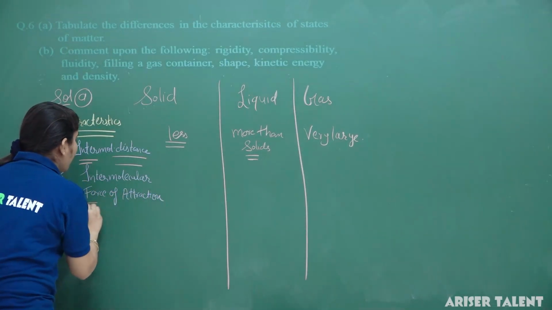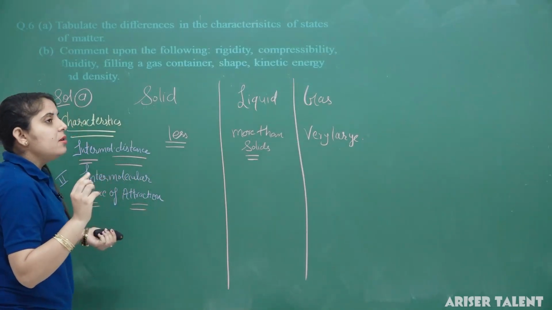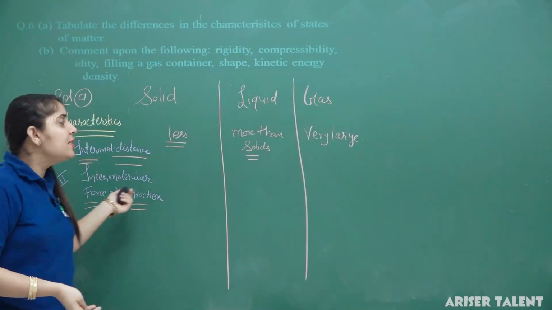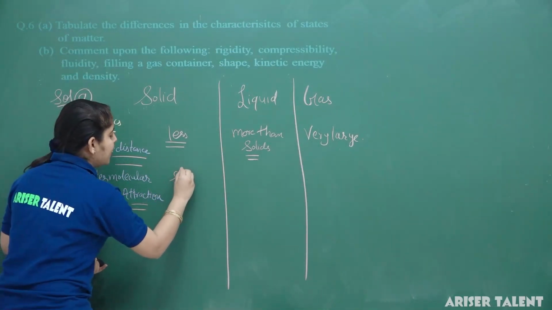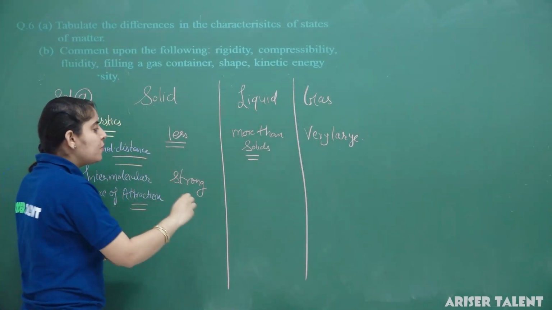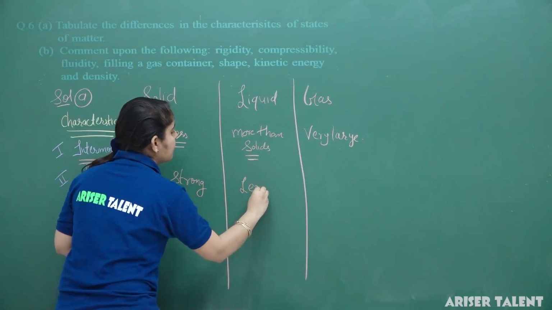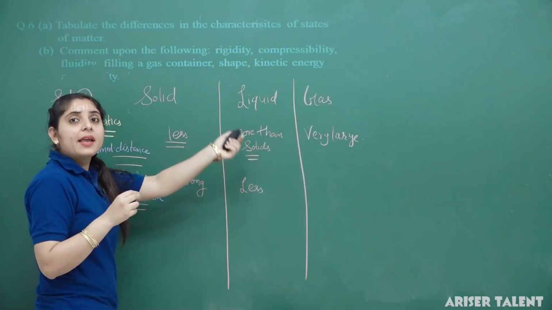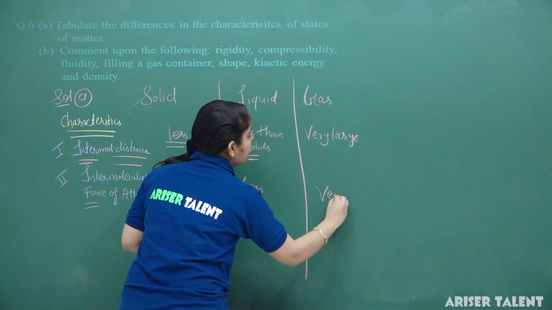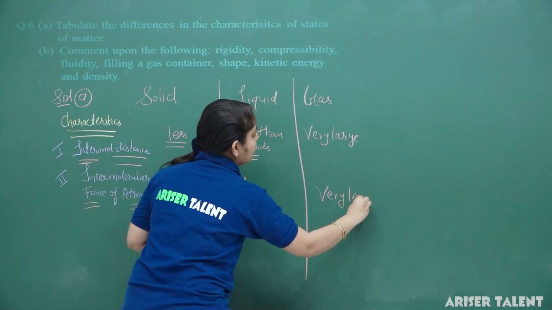Solids have a closely bound structure, which means a strong electrostatic force. In case of liquids, the force of attraction is less. And if I consider gases, the force of attraction is very less.